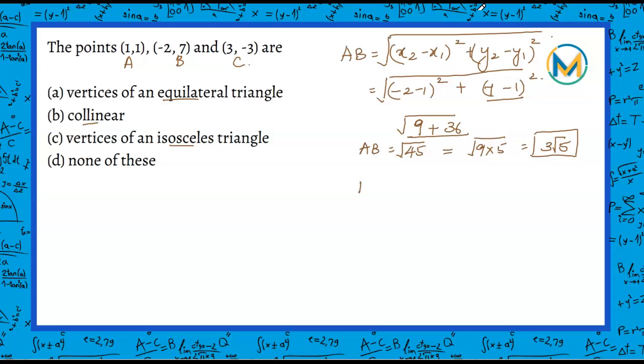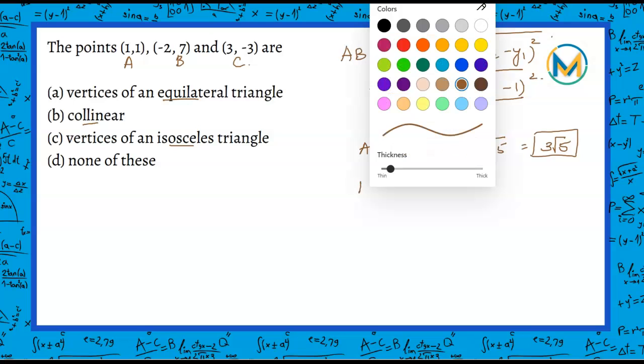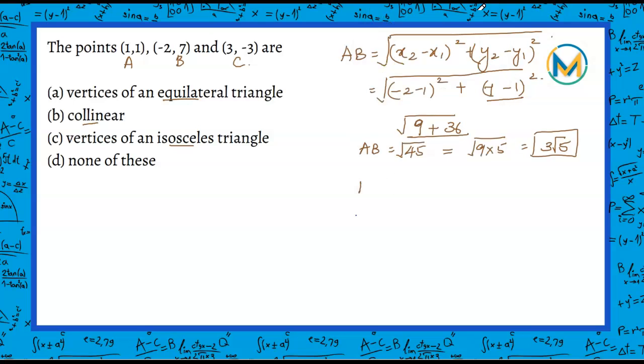Now let's do BC. Let's change the color. So BC, I can take it as here again. So (3 minus (-2)) the whole square plus (-3 minus 7) the whole square.